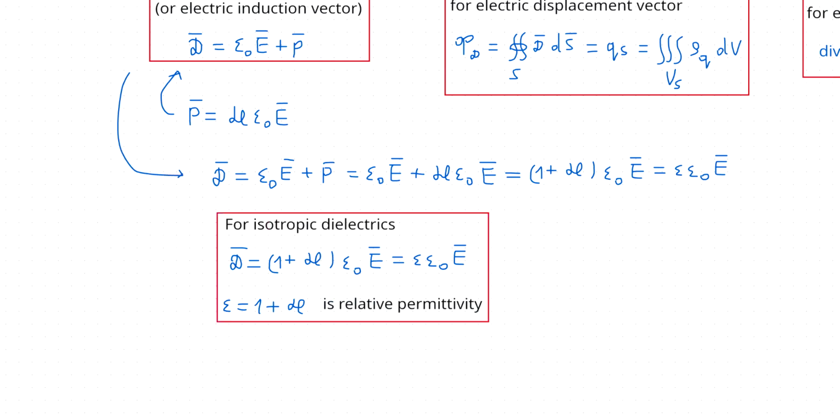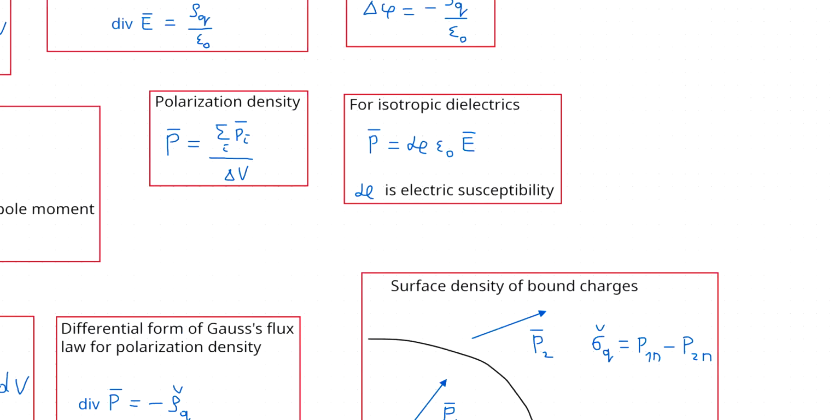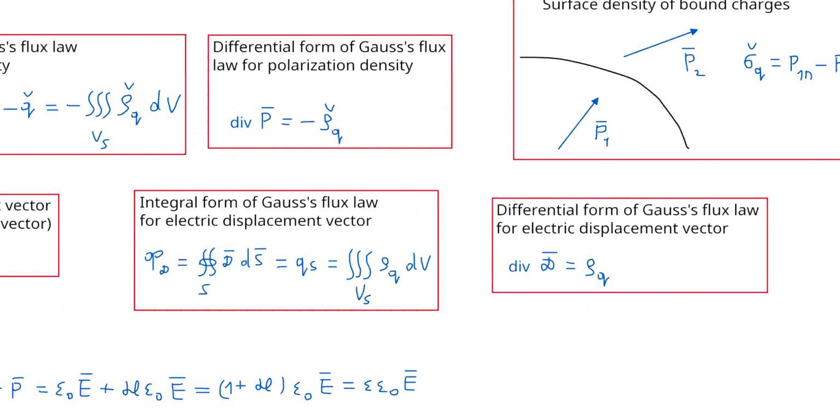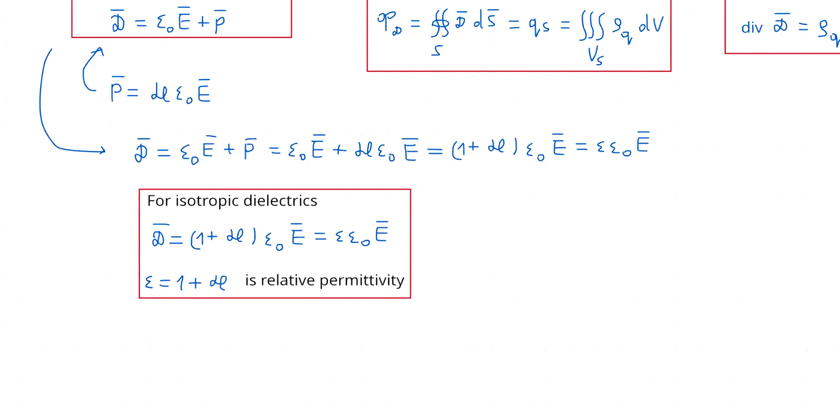And of course, in vacuum there are no bound charges. So in vacuum, polarization density of course is equal to 0, and it means that in vacuum electric susceptibility will be equal to 0, and relative permittivity will be equal to 1. If kappa is equal to 0, epsilon will be equal to 1.